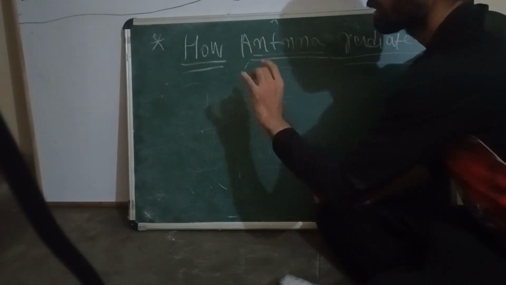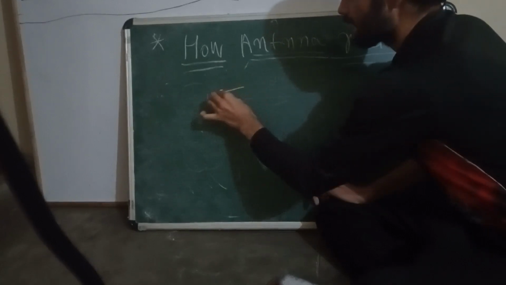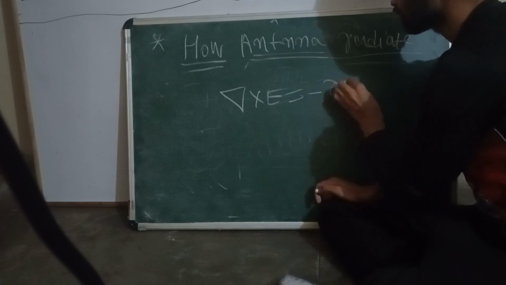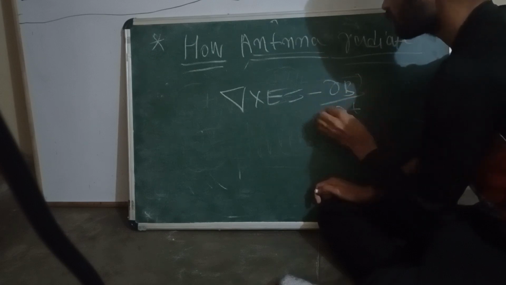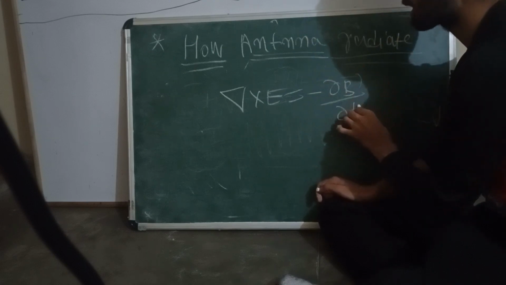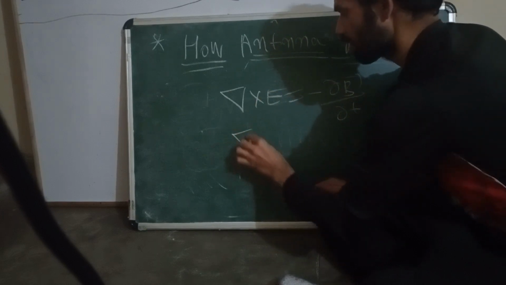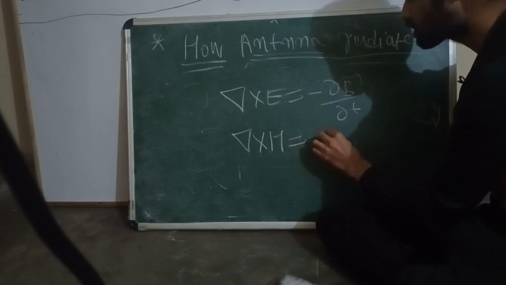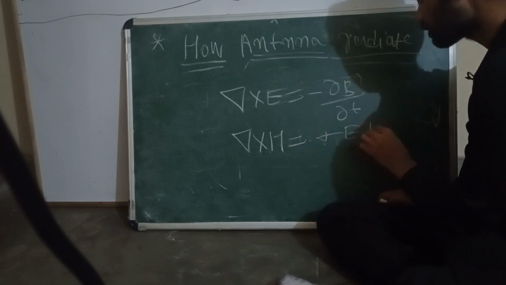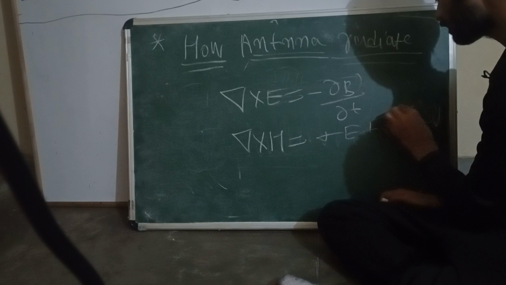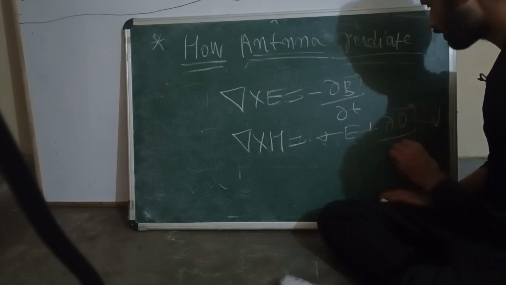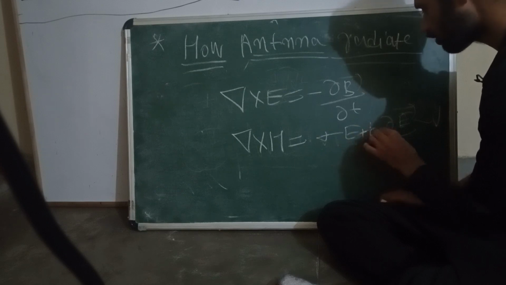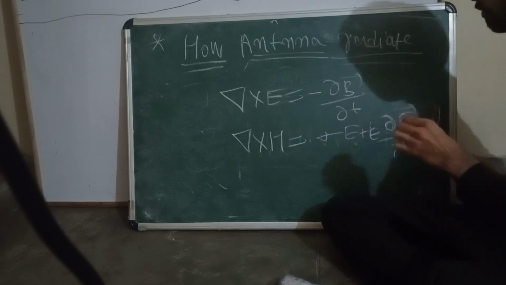then from Maxwell's equations, as we know very well, del cross E is equal to minus dou B vector by dou t. This means the rate of change of magnetic field generates electric field. And del cross H is equal to sigma E plus dou D vector by dou t, or you can say epsilon dou E vector by dou t.